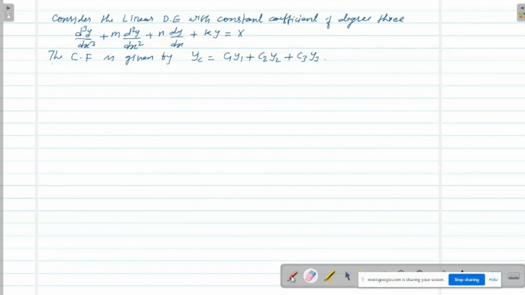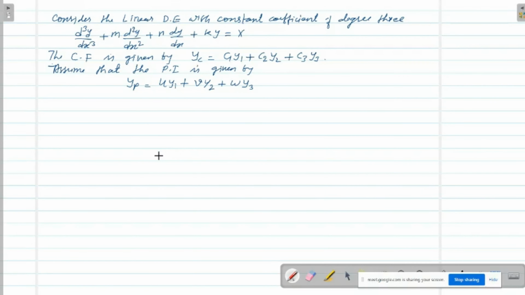Now let us assume that the particular integral is given by yp equal to u y1 plus v y2 plus w y3.